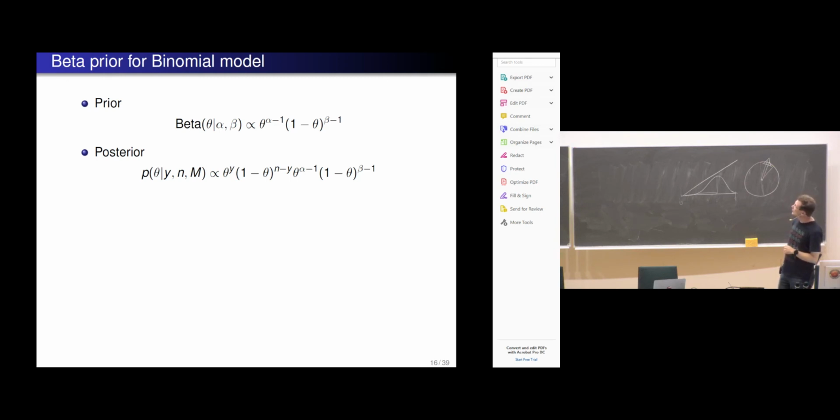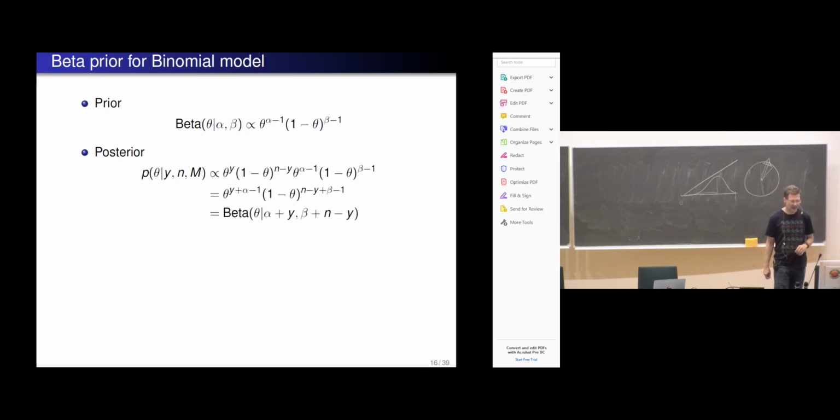And you can see the posterior is now the likelihood times prior, and then we can combine. And now you can see we still have the y and n minus y terms there, and then we have alpha minus 1 and beta minus 1 there.